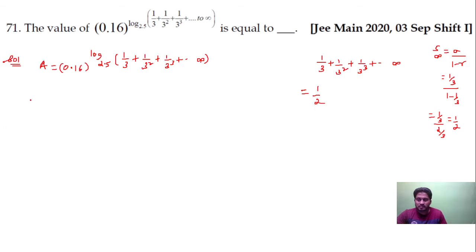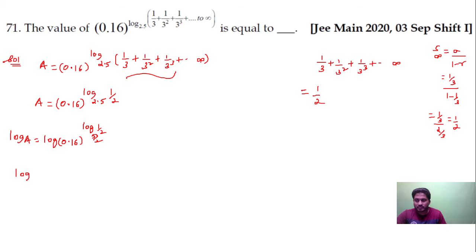Now A is equal to 0.16 whole to the power of log base 2.5 of 1 by 2, since the entire series is 1 by 2. I'm going to take log on both sides. Log A is equal to log of 0.16 to the power of log 1 by 2. 2.5 can be written as 5 by 2.